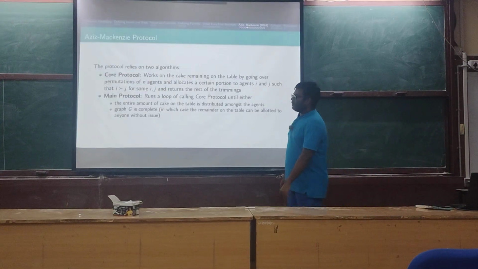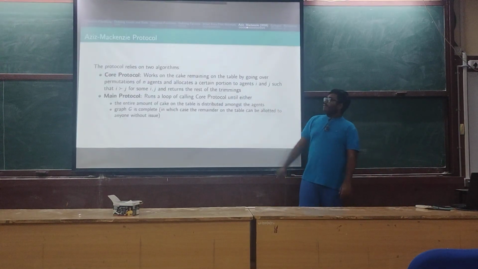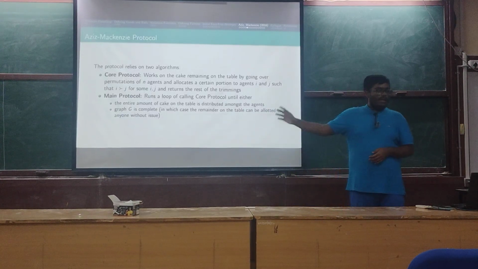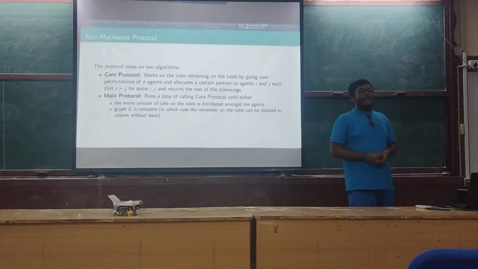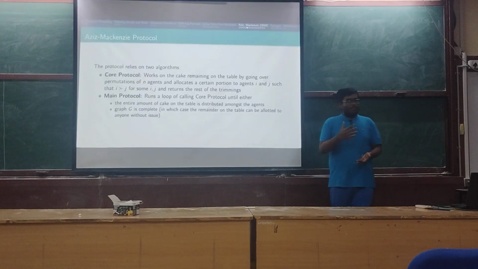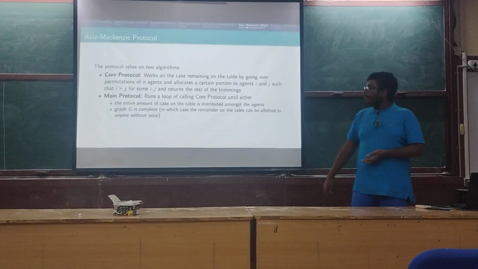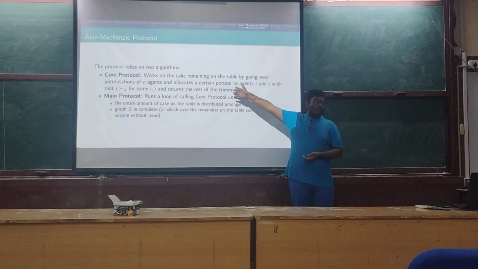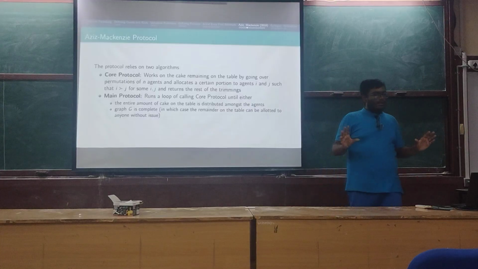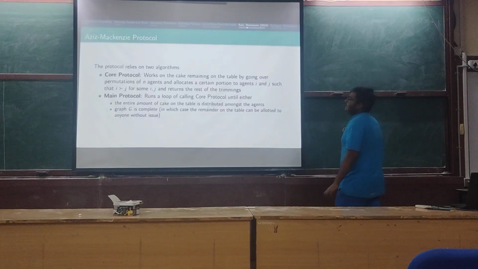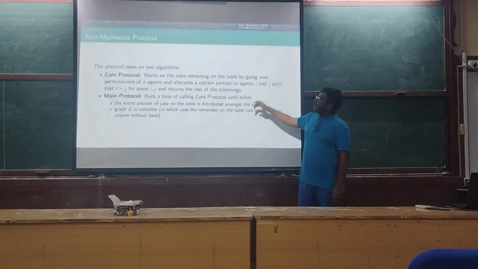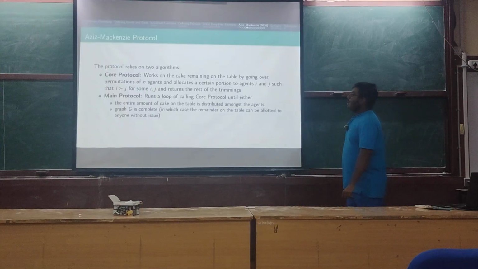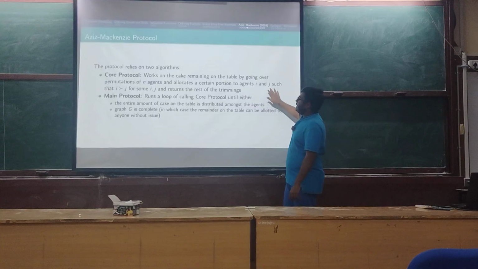So the Aziz Mackenzie protocol is a bit of a complicated one, which relies on two algorithms. This is a simplified version. The initial paper had like 5 particular protocols: permutation protocol, extension protocol, and all that. Simplifying them, it is 2 protocols. The first is the core protocol, the nicest thing to work with. Say I have a bunch of cake remaining on the table, and it goes over every single permutation of the n agents, and then allocates a certain portion to agents i and j.